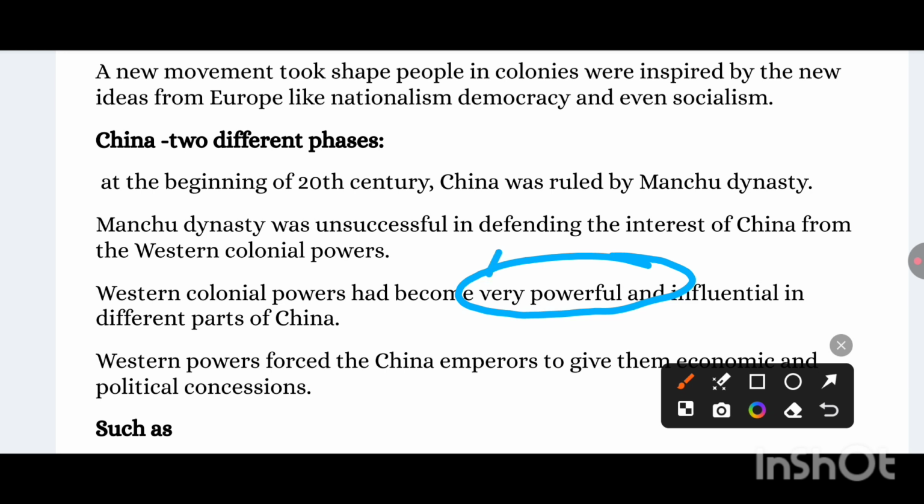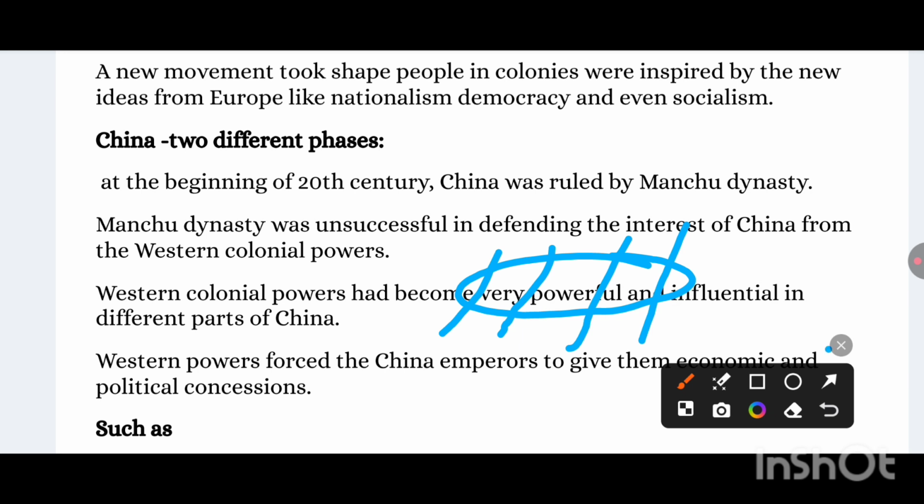Some part of China was influenced by France, some part by America, and some part by Japan. Many countries influenced China. China was not under the control of one country. Our India was under the control of Britain, but China was not like that. It was influenced by many European powers.